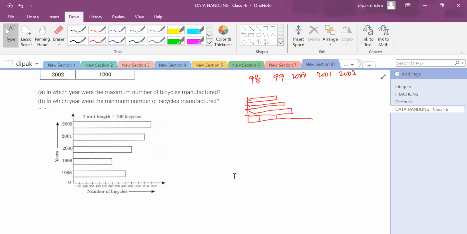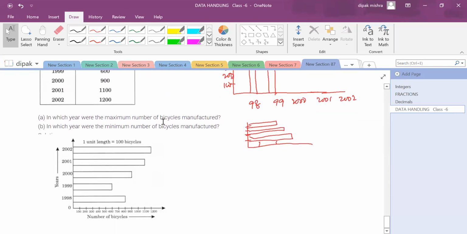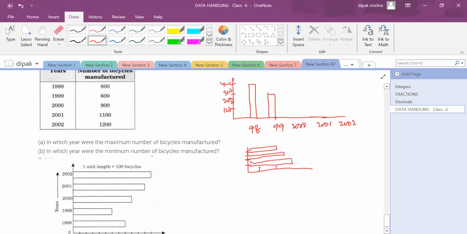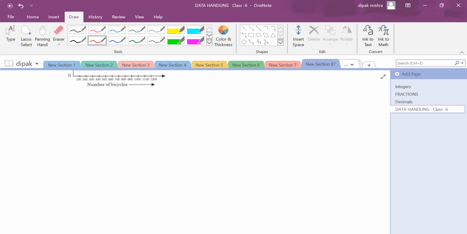Maximum number of bicycles were manufactured in 2002. As you can see, the 2002 horizontal line is the largest. In which year were the minimum number of bicycles manufactured? The minimum number of bicycles were manufactured in 99, because for 99 the length of this is the smallest. So this is how you can do some of the questions of data interpretation.